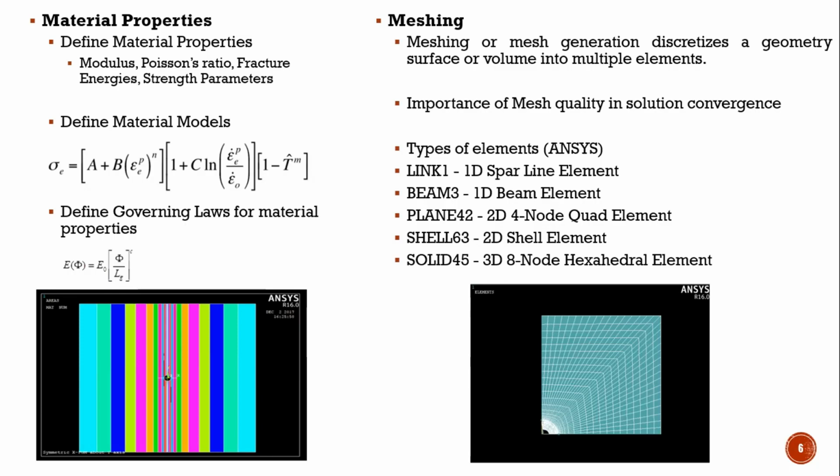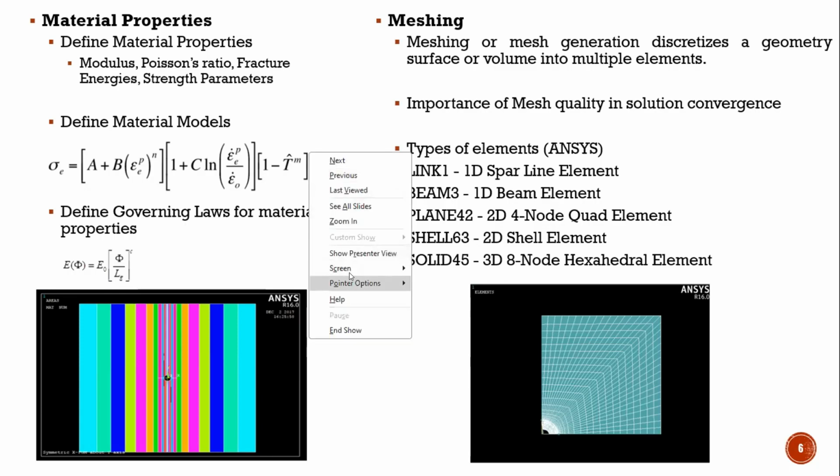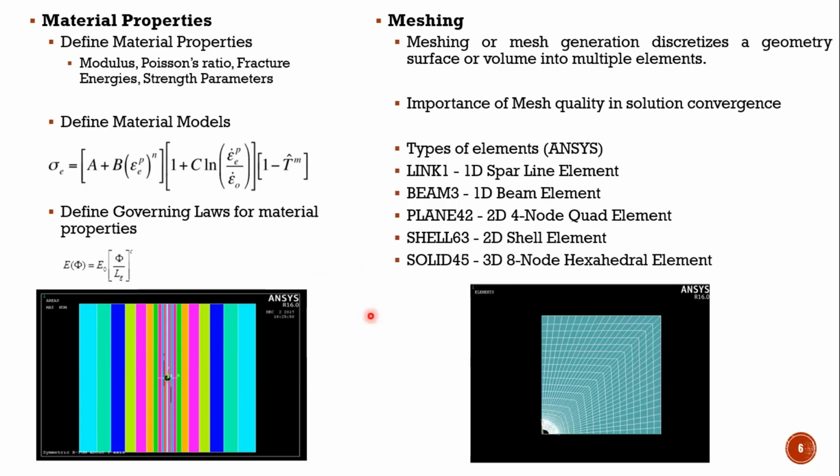Suppose this is an isotropic plate here. But if we are considering that these plates, which are joined together, are of different materials, then we assign different material properties to different sections of that geometry.